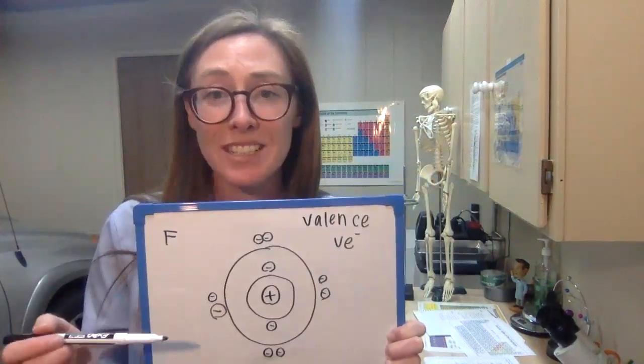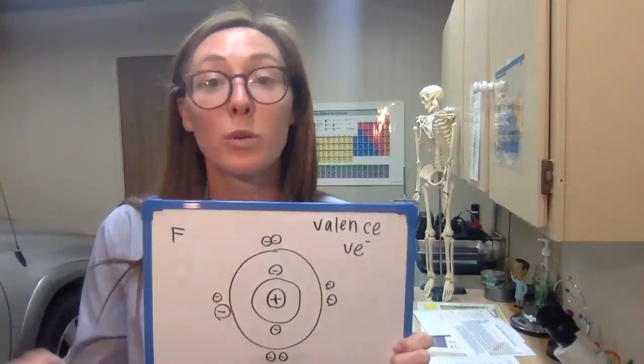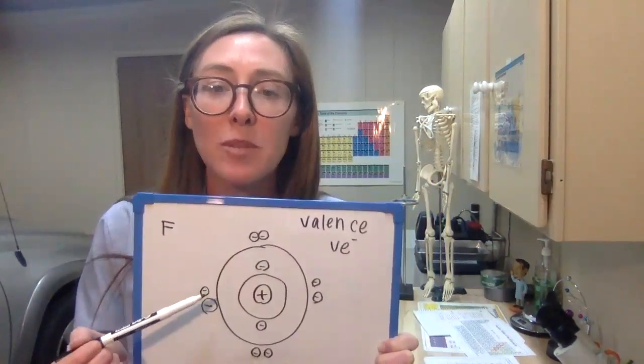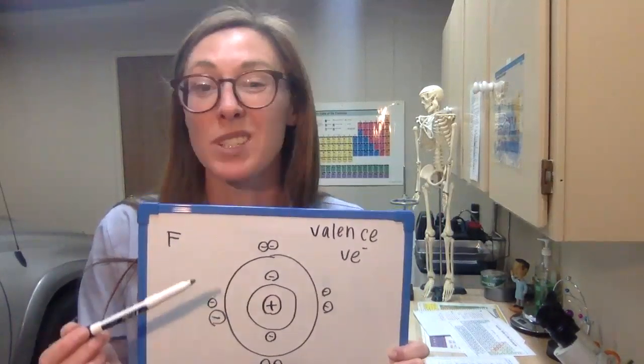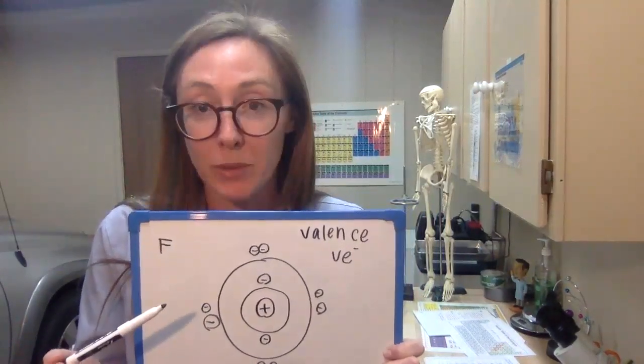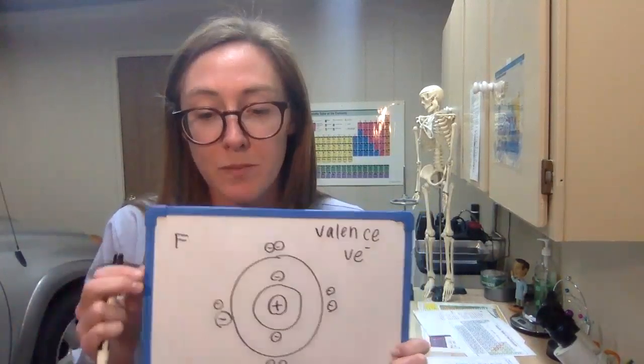We're gonna say that the easier it is for something to reach 8 valence electrons, the more reactive it is. So these elements that have a lot of valence electrons, like 7 or 6, are very, very reactive because it's very easy to get 2 or 1 electron.